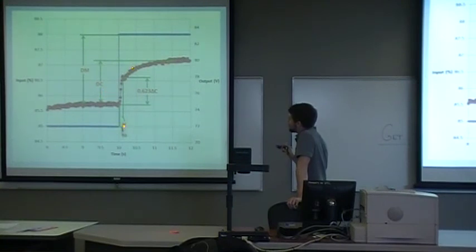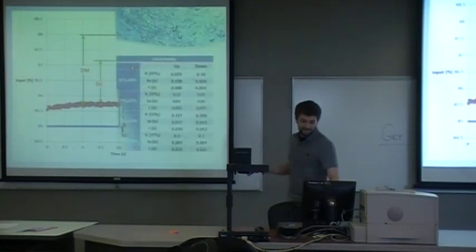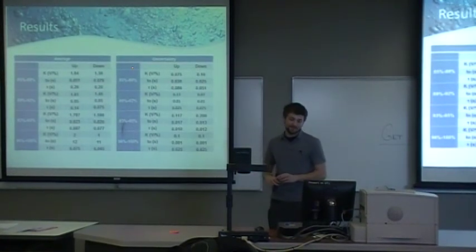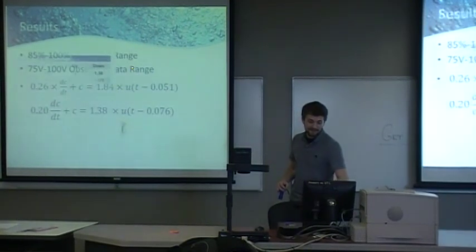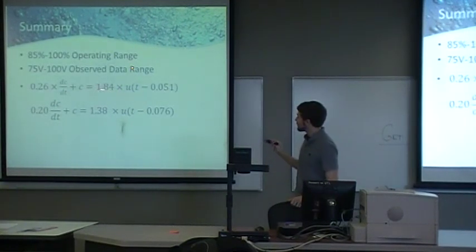And then to do T0, we did from 10 seconds here to roughly about this point here when it was equal to 0.2623 times ΔC, which is this variable over here. Here's all of our results, which I conveniently compiled into the equations here.